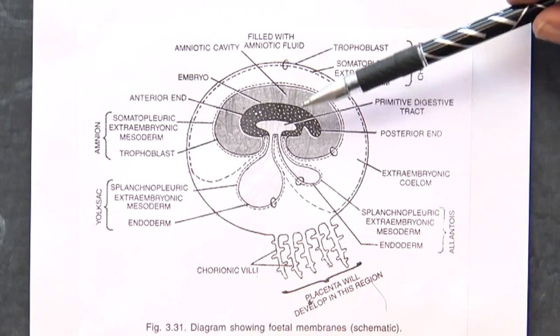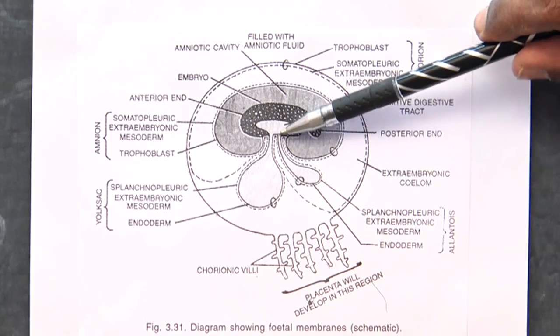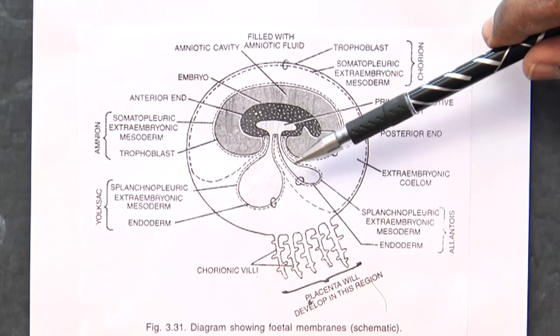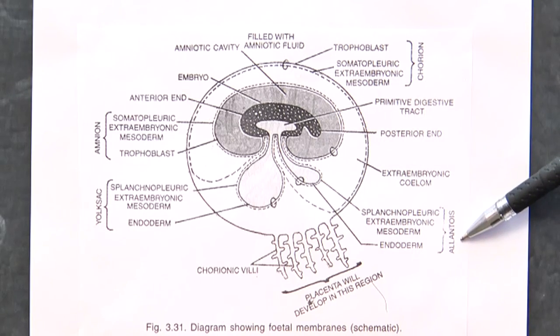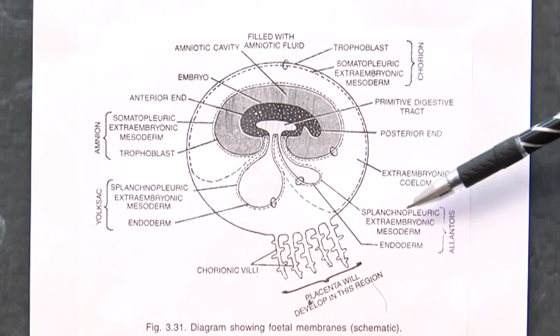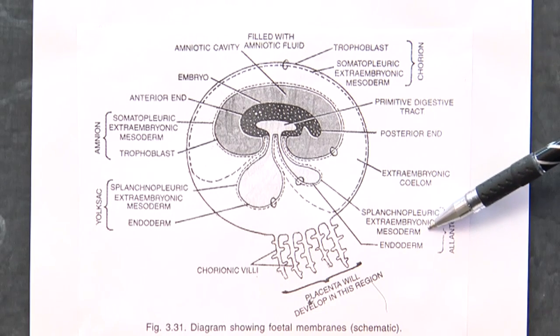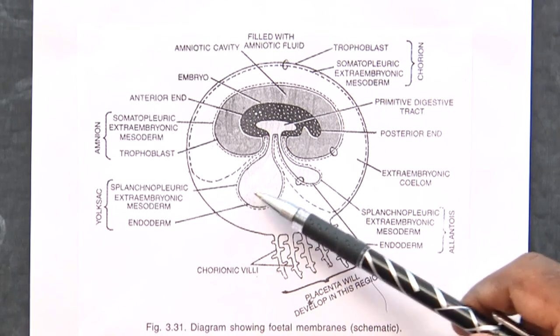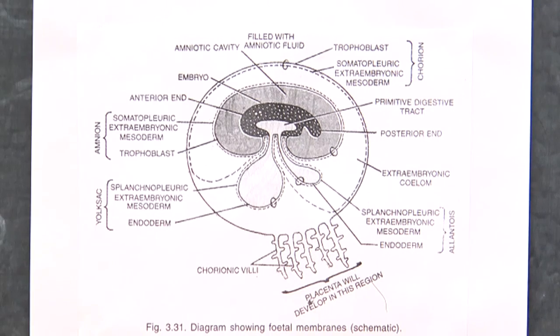And you can also see at the posterior end there is another sac-like structure extending outside, and this is called the allantois. Allantois is also similar to yolk sac. It is also formed by the same membranes, splanchnopleuric extraembryonic membrane and the endoderm. So now we have seen what is yolk sac and what is allantois.